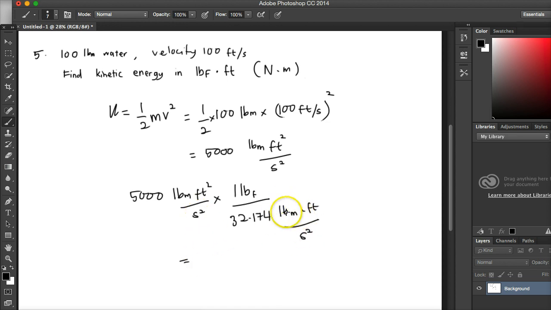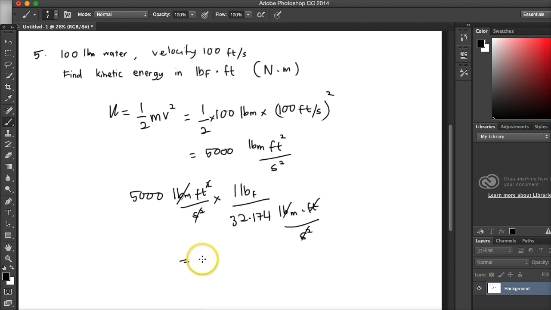This is pound, and then this is foot, and this foot is square, and then we have second square, so we can cancel this out, and we can cancel one of the foot.